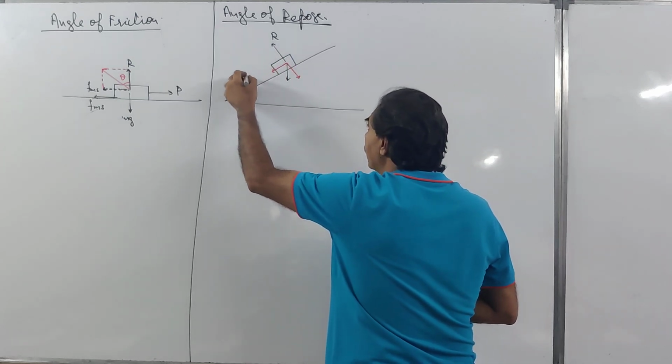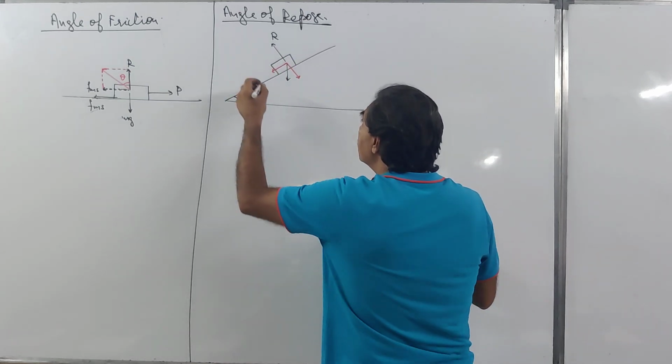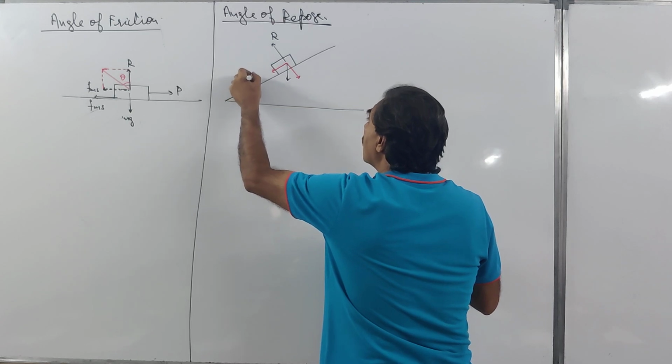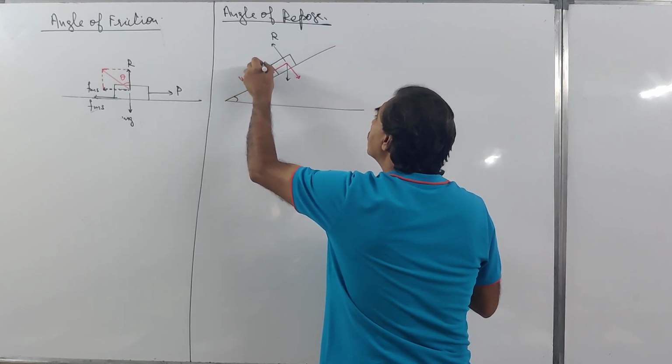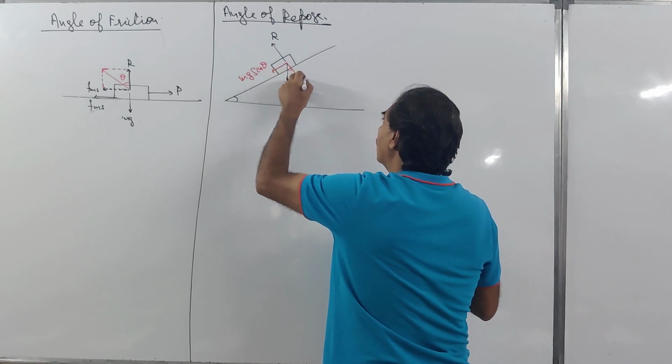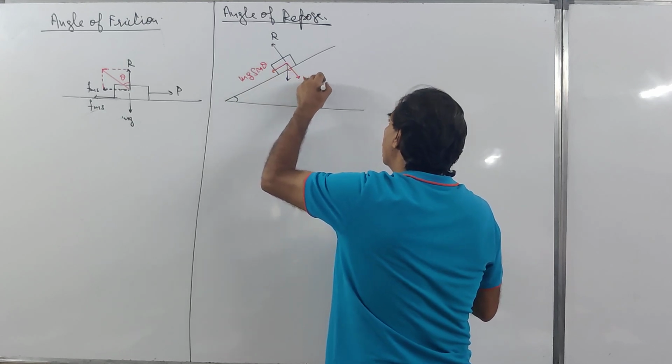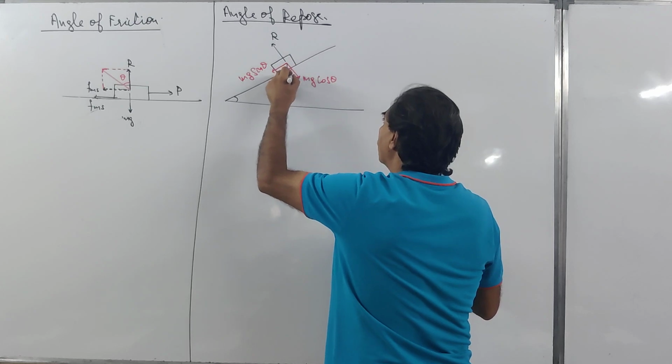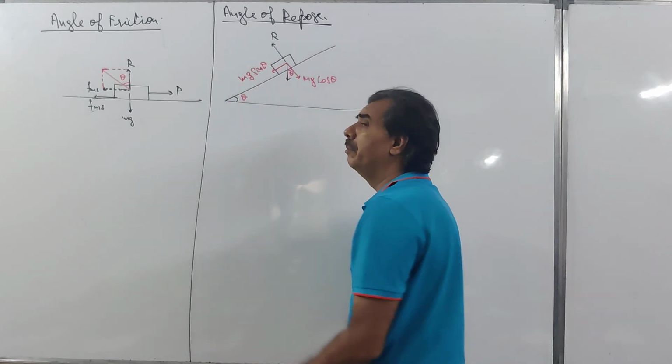This is the component mg sin theta. अभी मत लिखना, ये थीटा हो, this is mg cos theta, this angle is theta. अभी चेंज करना मैंने.